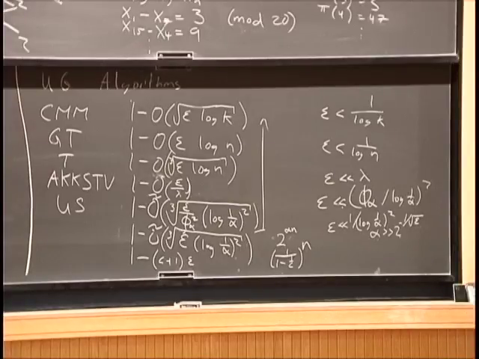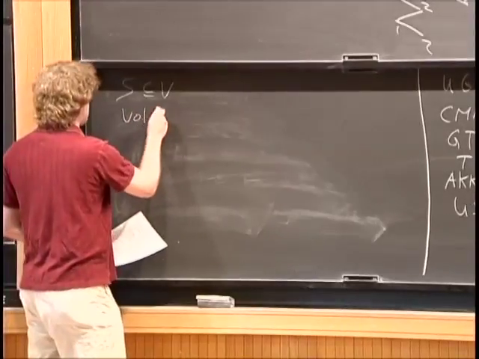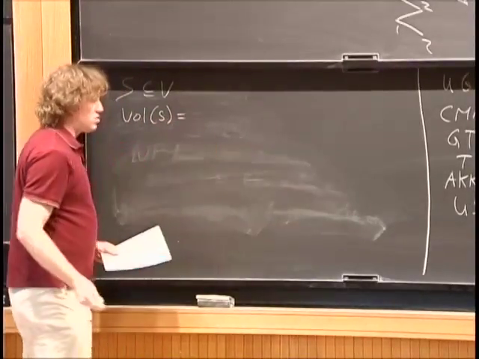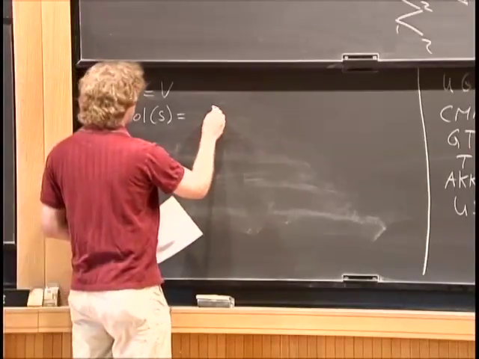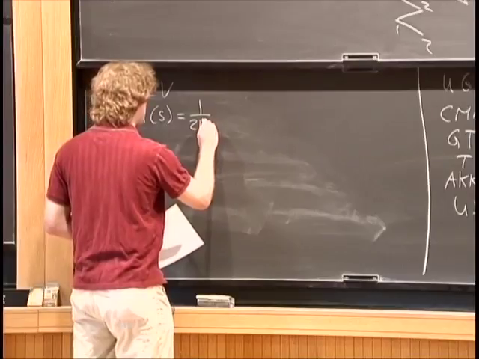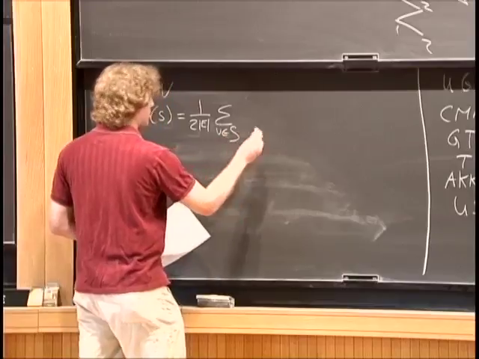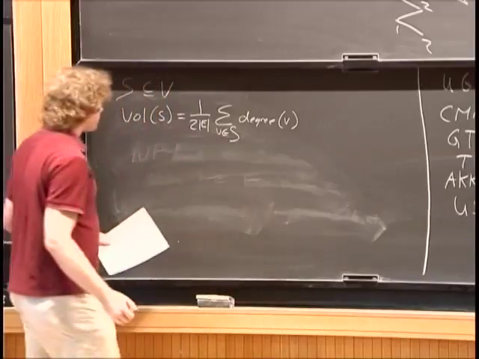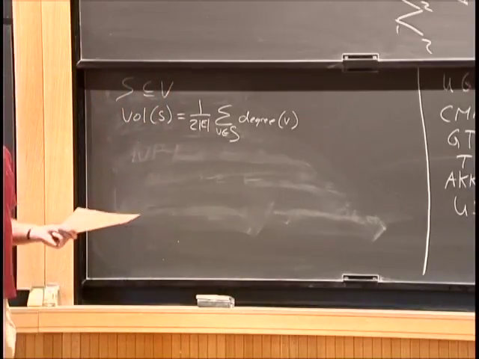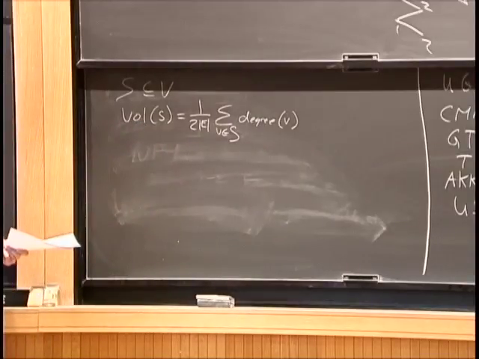First, for any set of vertices, we'll say the volume of the set is just the fraction of degrees. If the graph is regular, then the volume of a set is just the fraction of vertices in the set.